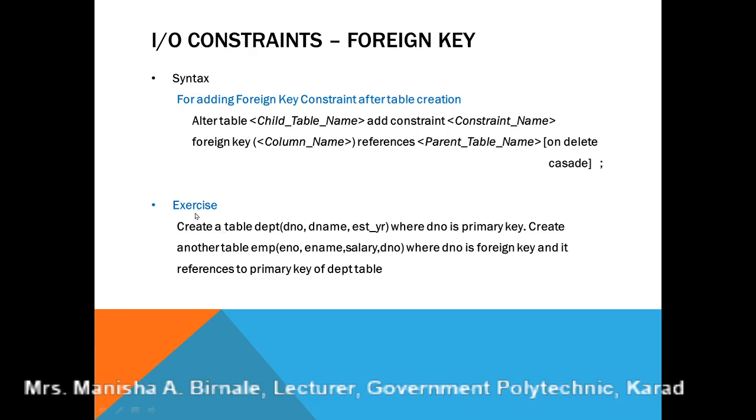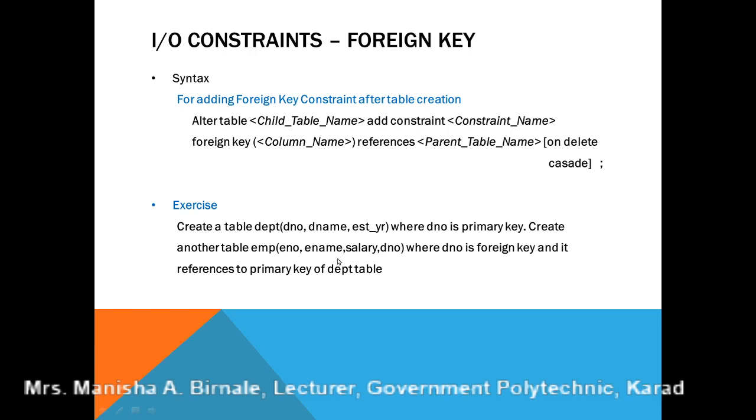Now let us see this exercise. Create a table DEPT and the columns are DNO, DNAME and EST underscore year, the establishment year, where DNO is a primary key. Then create another table EMP, the columns are ENO, ENAME, salary and DNO, where DNO is a foreign key and it references the primary key of the department table.